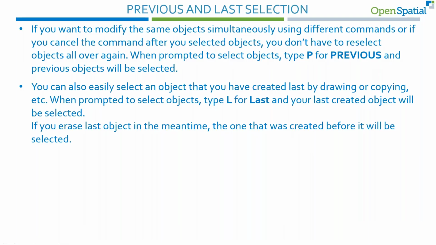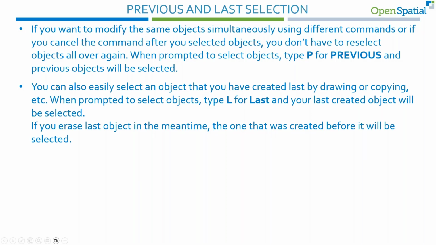Now, if you want to modify an object simultaneously using different commands, let's say you've got a whole heap of things selected, and now I go into a different command, and the selection is now gone, and you now have to go and reselect. Well, if you just hit P for previous, it will actually restore your previous selection.